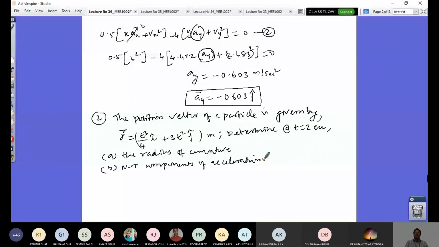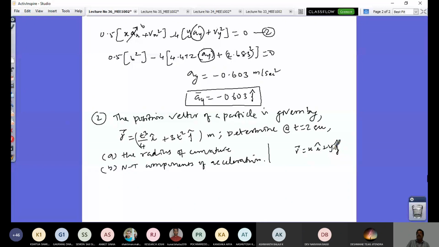So how do you solve this? It is very simple. Here you are given a position vector. You know r vector is xi plus yj for a planar, 2D curvilinear motion. You will have x component motion and y component motion, and x and y coordinates put together will give you the position of the particle on a path at any point of time.